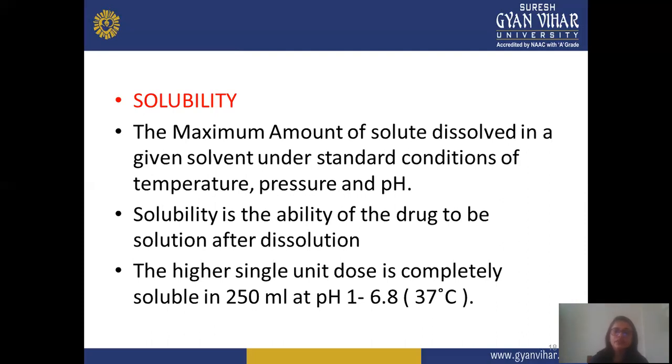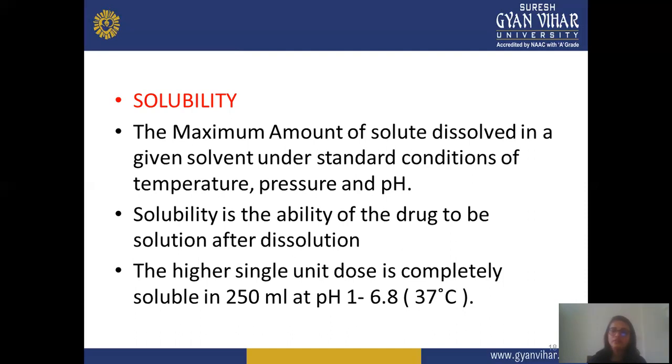Means solubility mainly depends on how much drug is dissolved or solubilized in a particular solvent, and it depends on conditions like temperature, pressure applied, or pH. Hence you calculate how easily it gets dissolved at a given temperature, pressure, and pH, that is, the ability of that particular drug to solubilize in a solution.